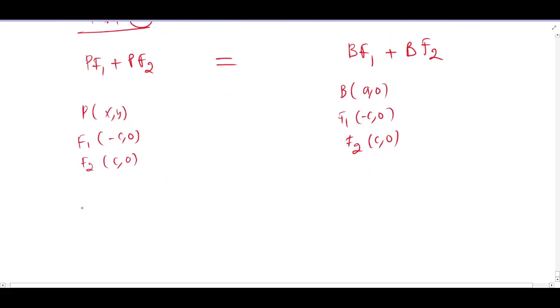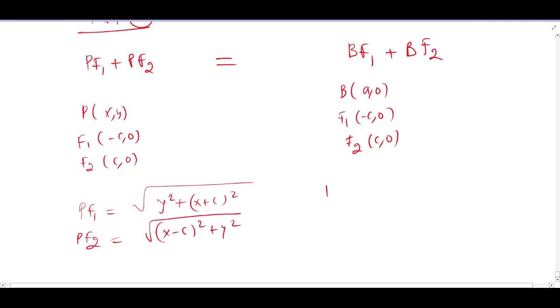Now PF1 is equal to the root of y square plus x plus c whole square, and PF2 is equal to the root of x minus c whole square plus y square. We have BF1 equal to a plus c, and BF2 equal to a minus c.